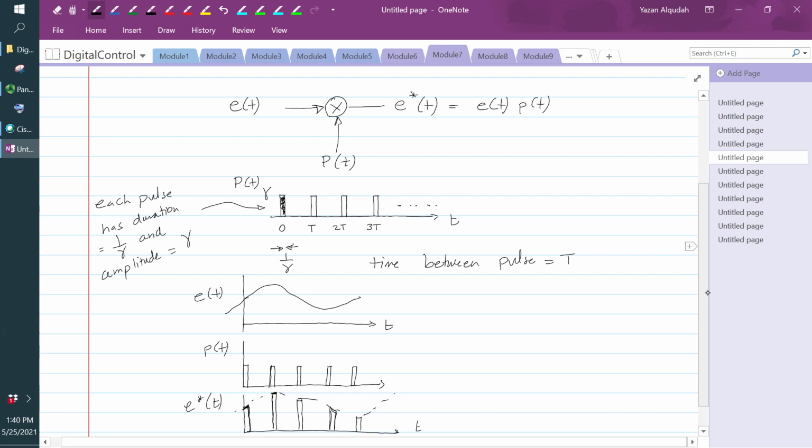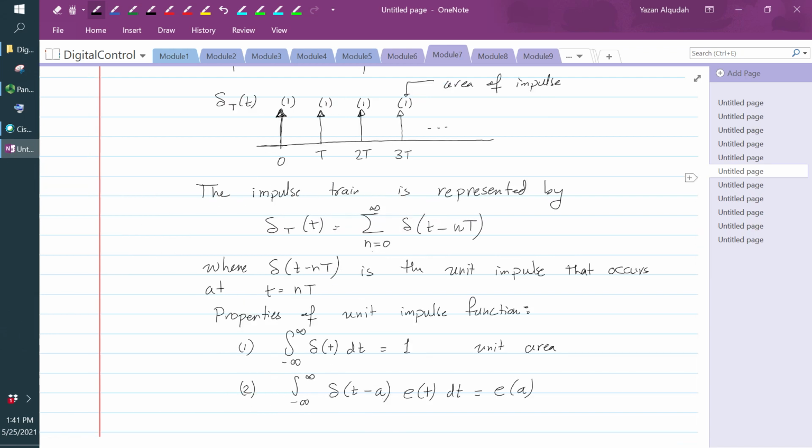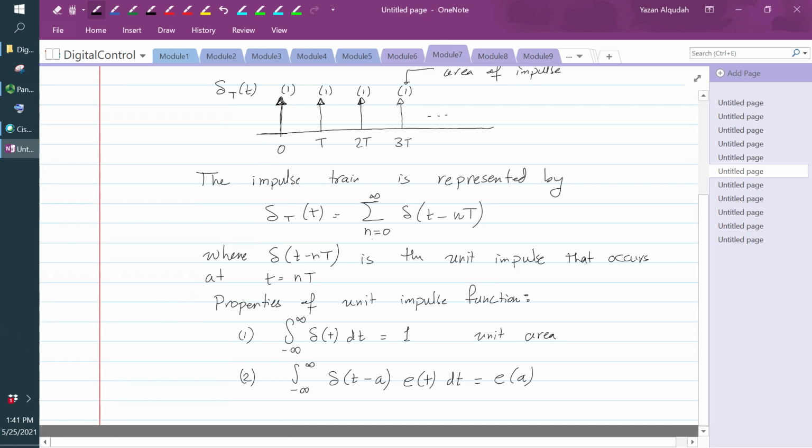If I come to this pulse train, and multiply this pulse by this magnitude, this pulse is going to scale by this magnitude. Now, if this was an impulse, then the area is going to get scaled by the value of the signal, e of t, for instance. Does that make sense? Or should we illustrate it more?